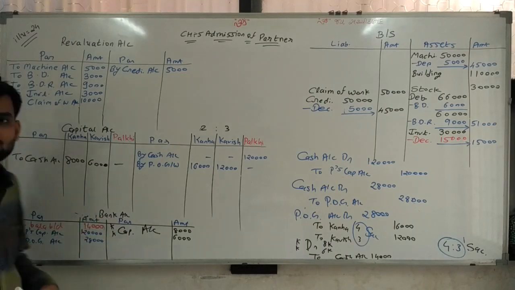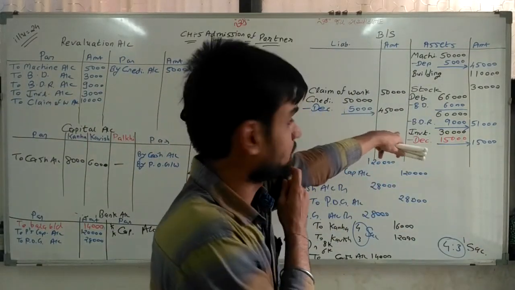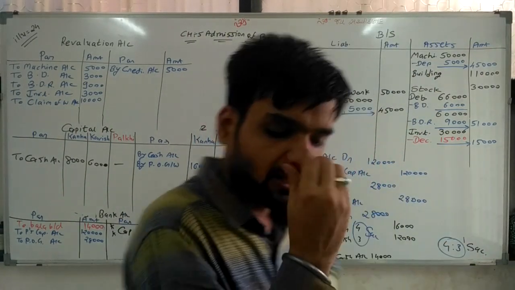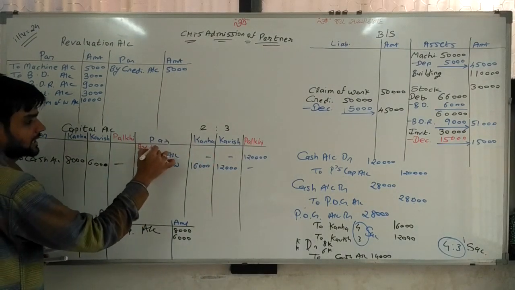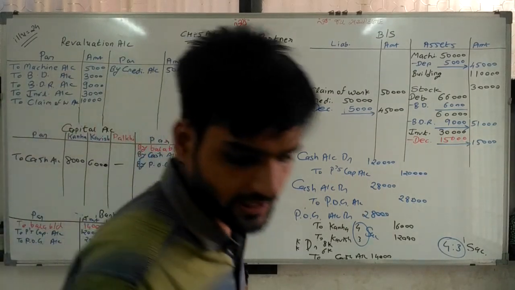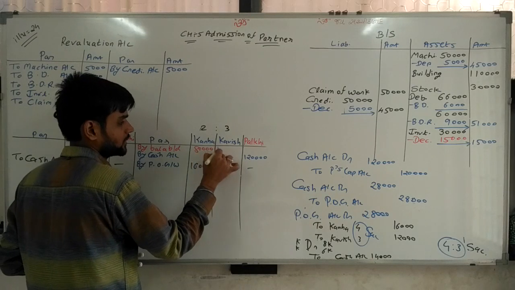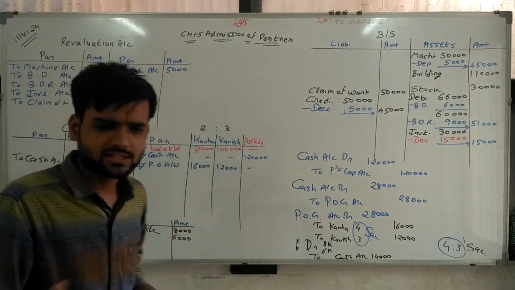Simple. Investments already done. Now liability side. Capital. So capital balance is given. Capital balance of Kana and Kavisha, credit side 80,000 and 1 lakh rupees. Cash balance given.